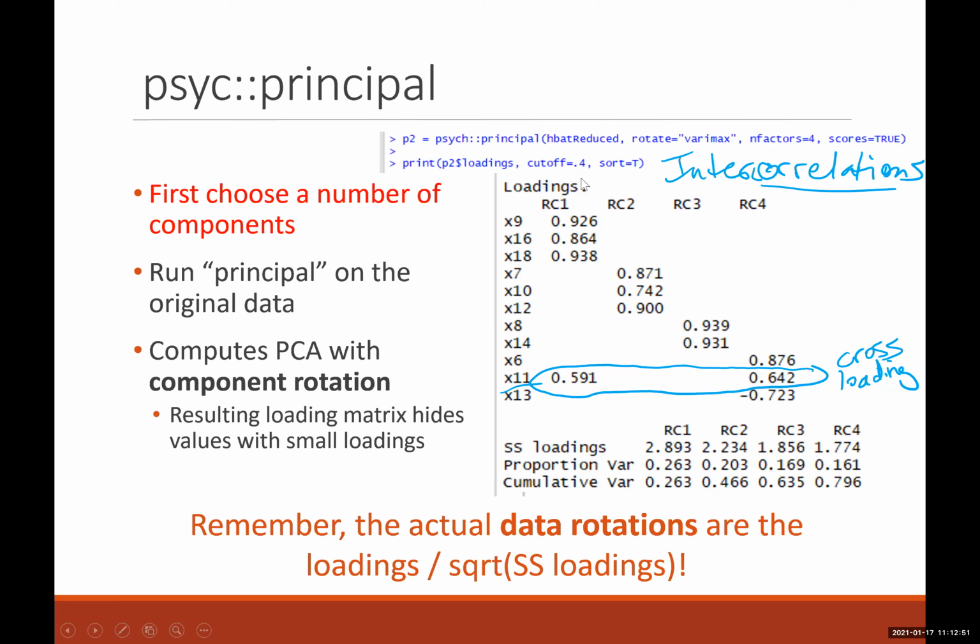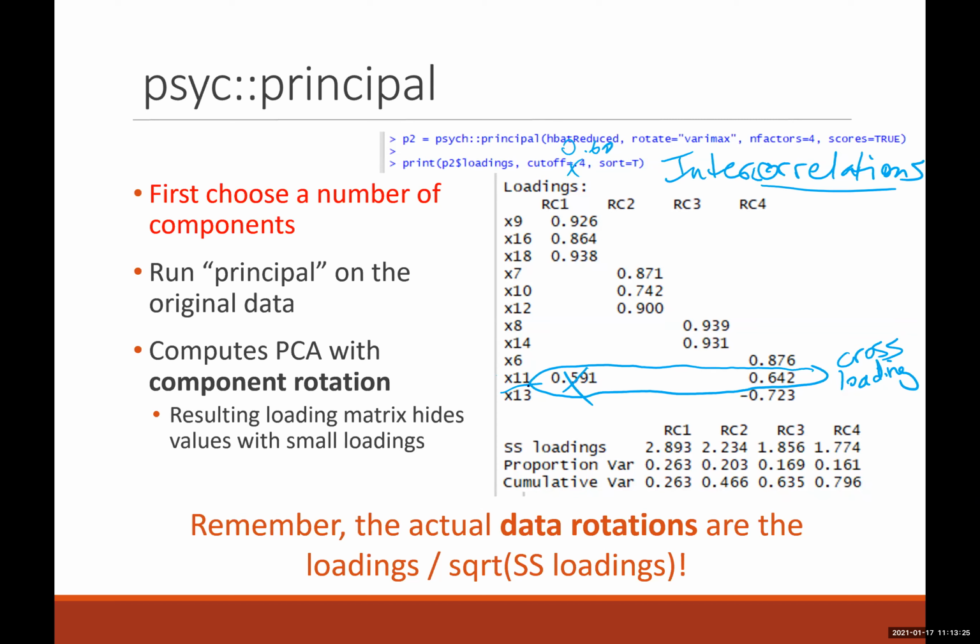In this case, these are all greater than 0.4, but we may change the cutoff value and say, only include correlations greater than 0.6 to get rid of this one, so that x11 would rightfully belong to component 4 instead of showing up in both component 1 and component 4.